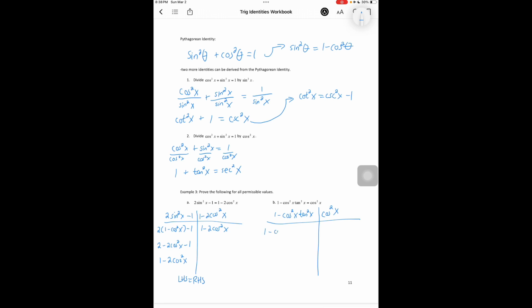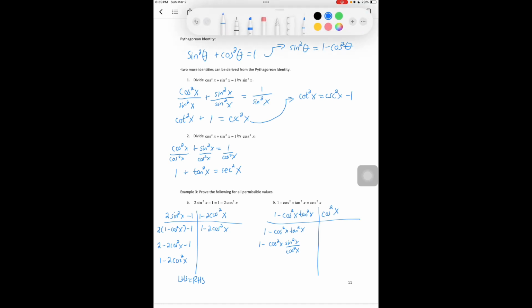So here we have 1 minus cos squared x times tan squared x. We're going to change tans into sines and cos. So 1 minus cos squared x is going to be times sine squared x over cos squared x.